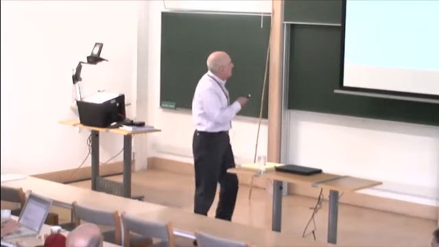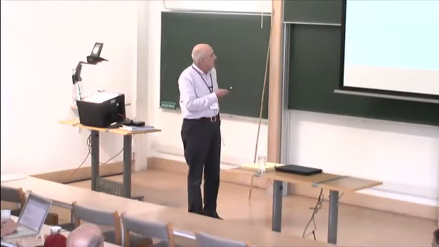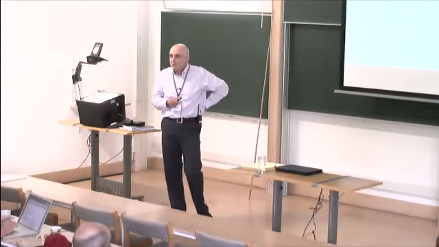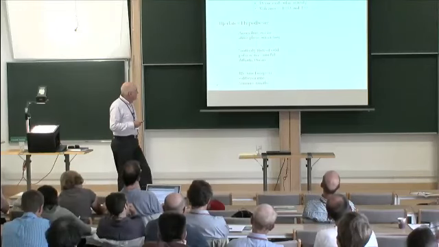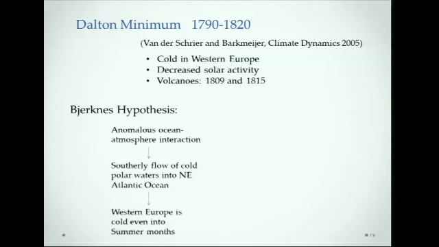And he hypothesized that there was an anomalous ocean-atmosphere interaction which was somehow responsible for a southerly flow of cold polar waters into the northeast Atlantic Ocean, and that then caused Western Europe to get colder, even into the summer months.